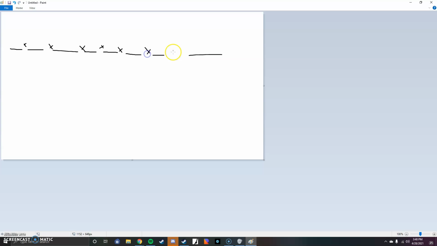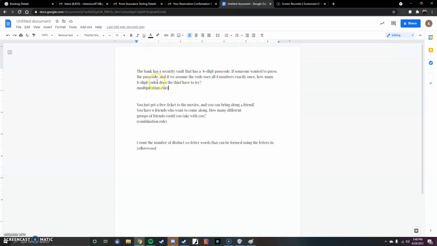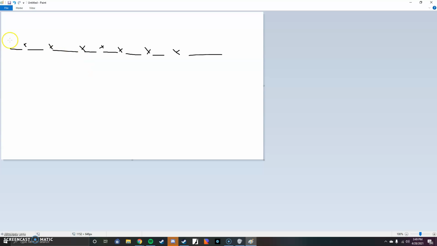So we're going to multiply all these slots first, because we're trying to see the total amount of codes he would have to attempt in order to unlock the vault and see which code works. So there's 1, 2, 3, 4, 5, 6, 7, 8.